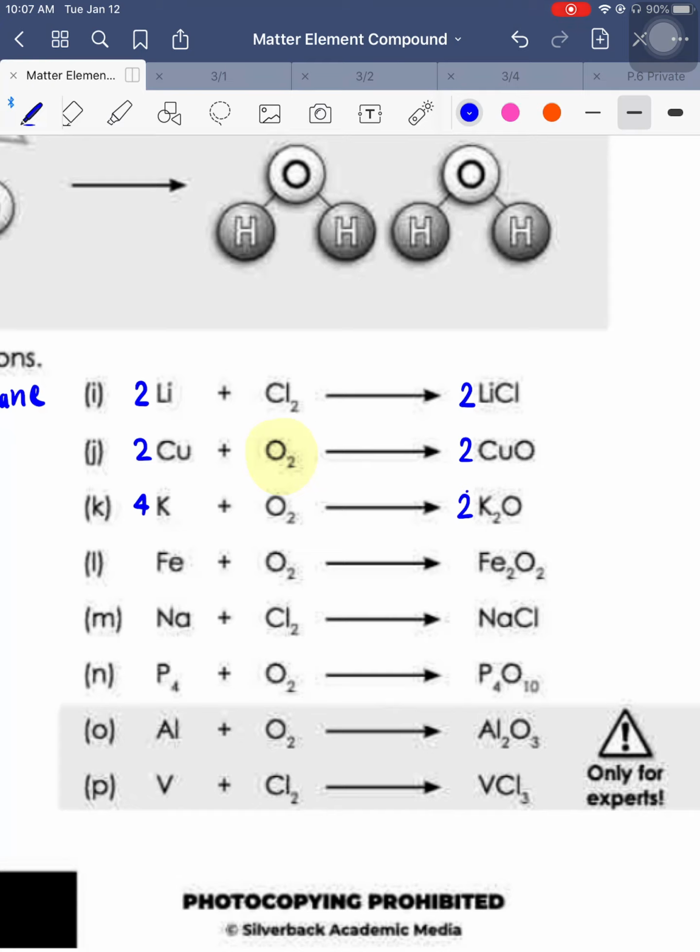And next, 2 iron, 2 oxygen. Just put 2 iron to make it equal. Next, sodium and chlorine to make sodium chloride. Chlorine 2.